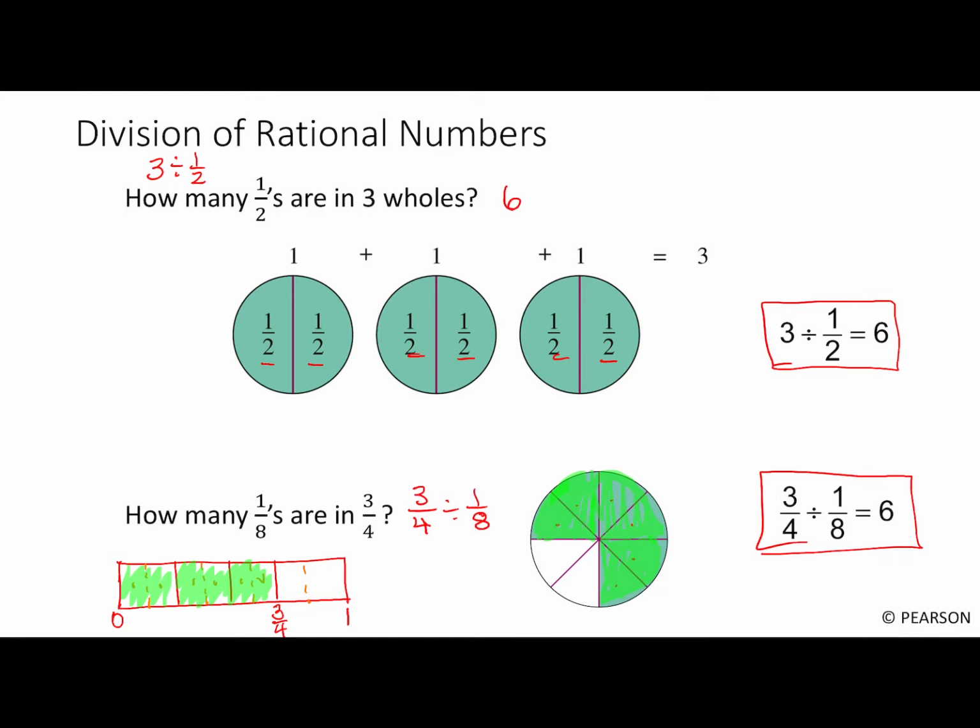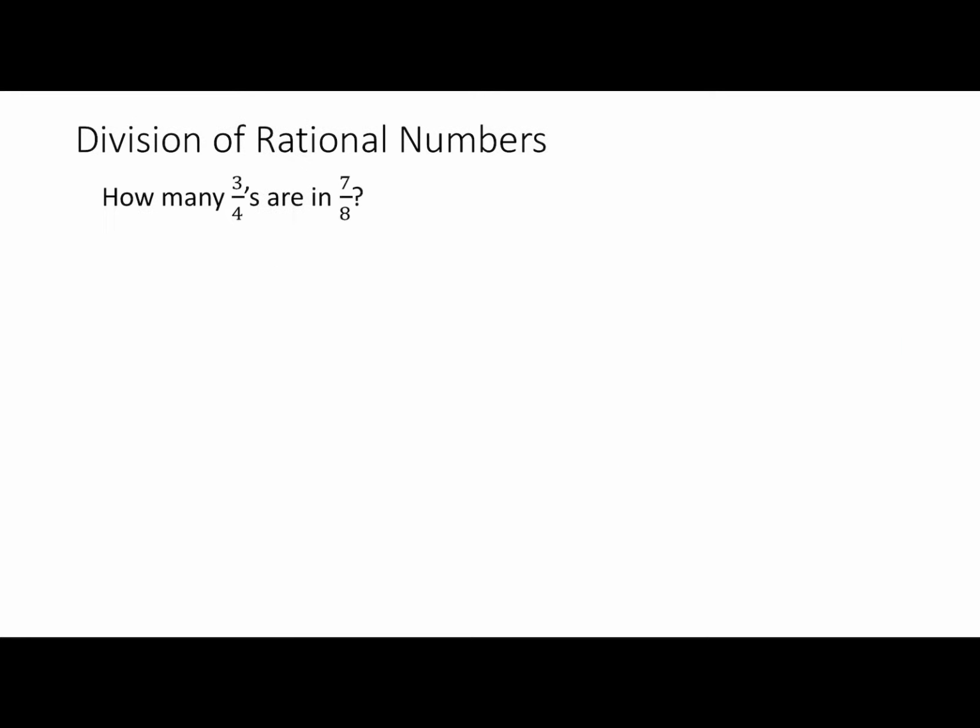All right, now what if we have an example that doesn't divide out very nicely? Let's look at doing this bar with some help from a number line. I want to know how many 3/4 are in 7/8. So I want to start with 7/8, and I'm dividing it by 3/4.